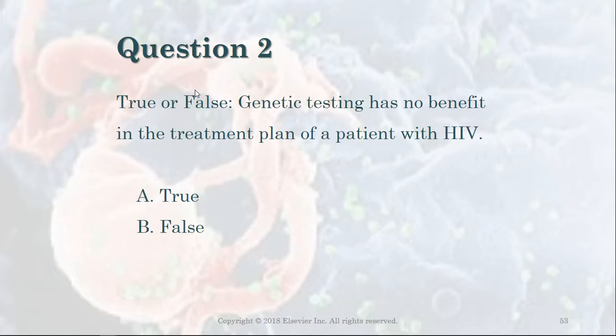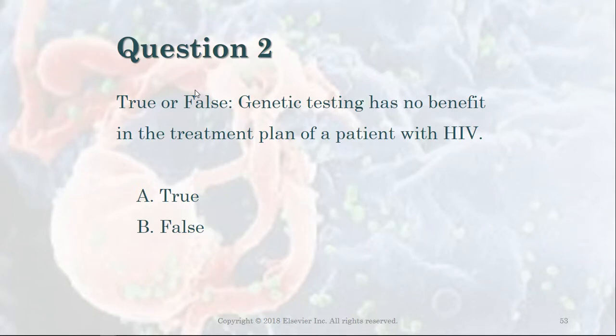So we have a true or false question. Genetic testing has no benefit in the treatment plan of a patient with HIV. Is that true or false? Well, that's false, because with HIV, a genotype test can be used to determine whether any mutation exists in the strain of HIV that has infected the patient. This is useful before starting any antiretroviral therapy to learn whether the patient is infected with a resistant strain of HIV.